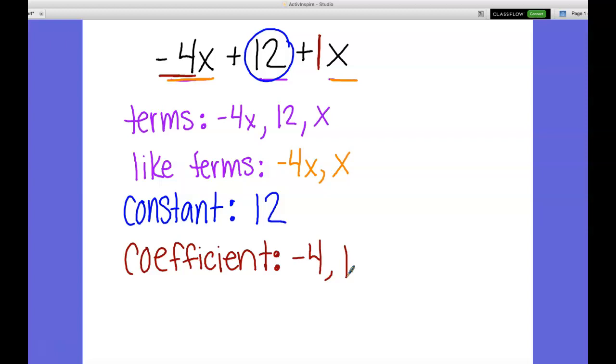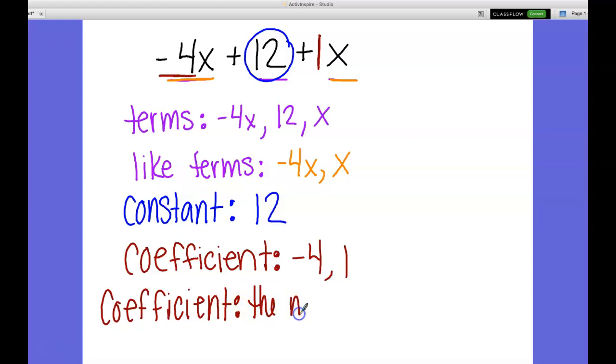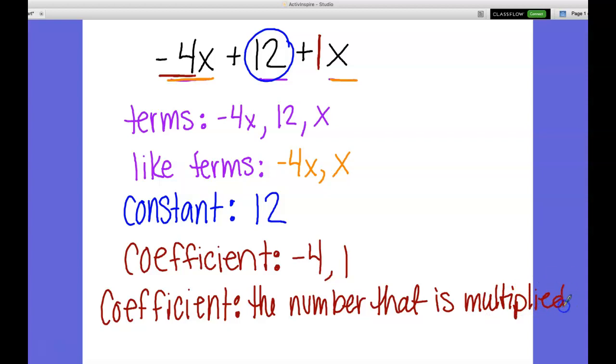Okay? If you need to write the definition of coefficient down because you've forgotten, we can go ahead and do that. So a coefficient, the number that is multiplied to a variable.